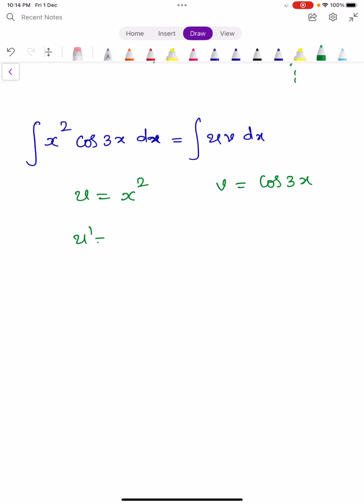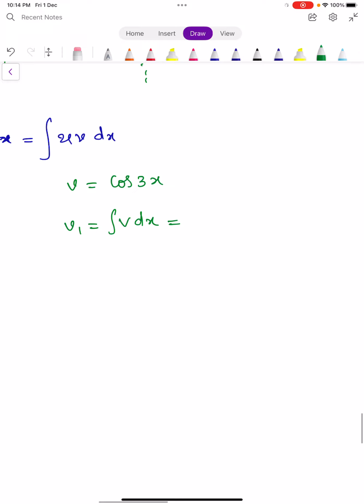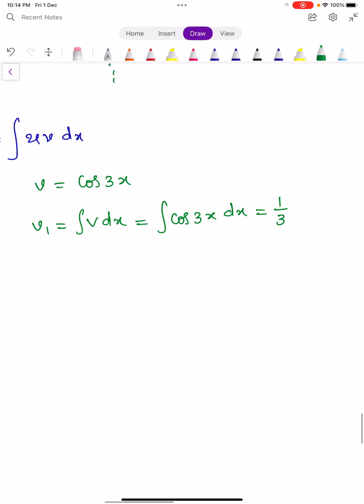Now u dash, the derivative of x square, is 2x, u double dash, the derivative of 2x, is 2, u triple dash, the derivative of u double dash, is 0. v1 is integral v dx, which means integral cos 3x dx. It is nothing but 1 by 3 sine 3x.